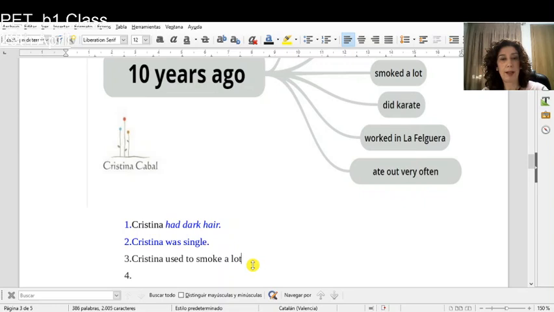Then, if I use it, si utilizo esto, Christina used to smoke a lot, es por su rutina de pasado y ahora, but not now. She gave it up, se lo dejó ya de fumar. ¿Entendéis? Tiene que tener esto, que ya no, hay un cambio. Entonces sí que podemos utilizarlo.